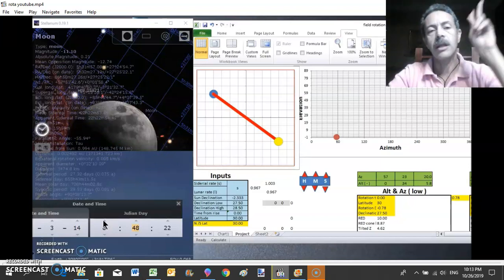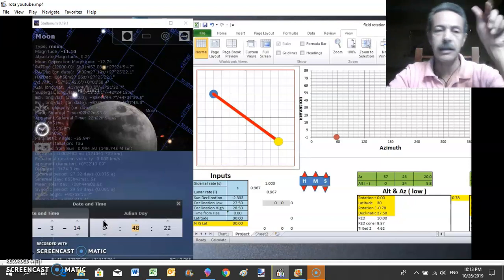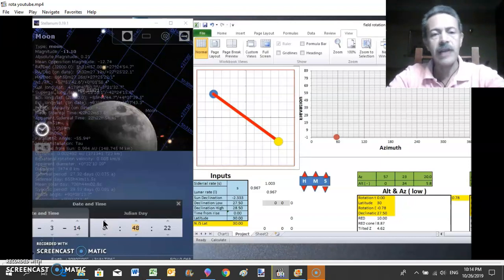Two stars that are moving around the Earth with the same lunar rate. The moon is a little bit slower than the stars. And then as I track those two stars, they will start to spin around each other.